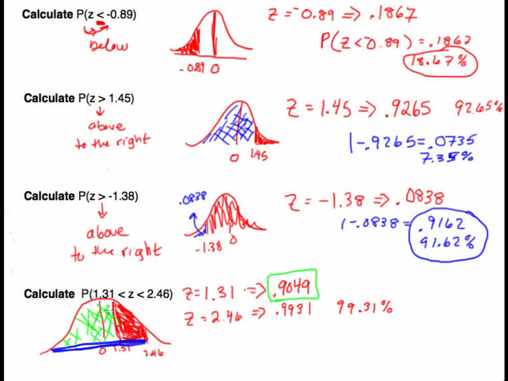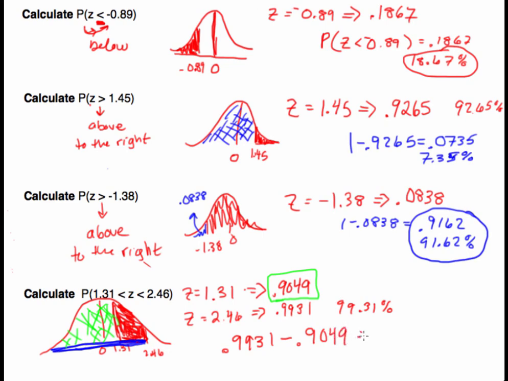That's why when I am given a problem like this and I'm asked to find in between, I will still find both z-scores and both areas associated with those z-scores. To get my solution, I take the area to the left of 2.46, which I got to be 0.9931, and I subtract away the area to the left of 1.31, which was 0.9049.